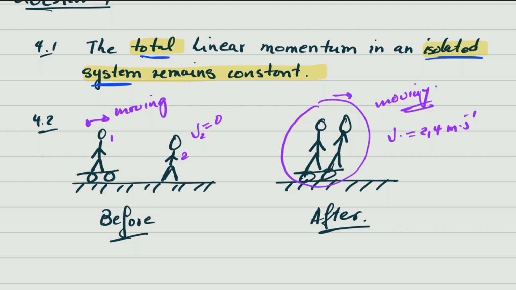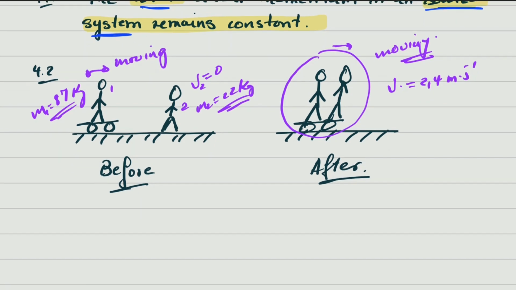Now they give you the mass of the boys. M1 is equal to 87 kilograms and M2 is equal to 22 kilograms. It's a small boy. So this is what happened before and after.